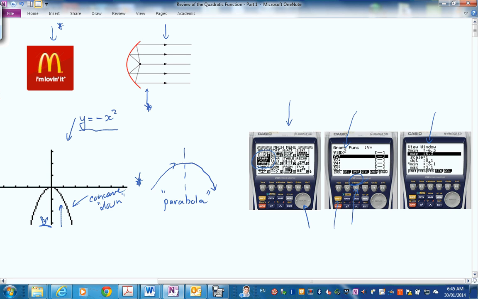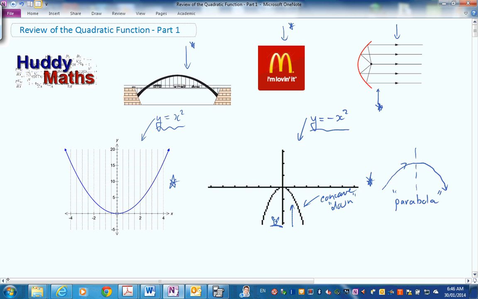I'm going to suggest you choose initial by hitting F1. Initial are these conditions from neg 6.3 to 6.3, don't worry about the scale, and neg 3.1 to 3.1 for y. If you do that, you get this on your screen. So just reminding you, you can draw all the graphs you like with the calculator now.